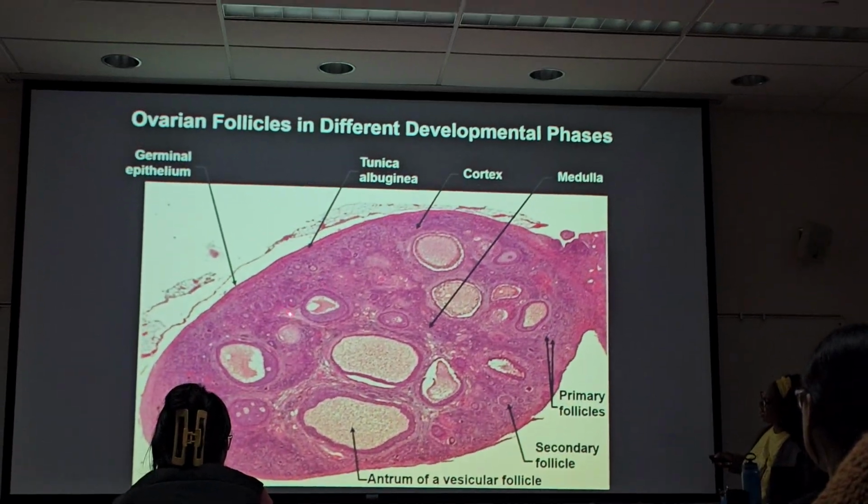In the wall, the cortex, we have primordial follicles that will then change and start to mature. So throughout the ovary, we see follicles at different stages of development. Inside of each follicle is an oocyte. So the follicle cells surround an egg. Okay, we're going to talk more about that.